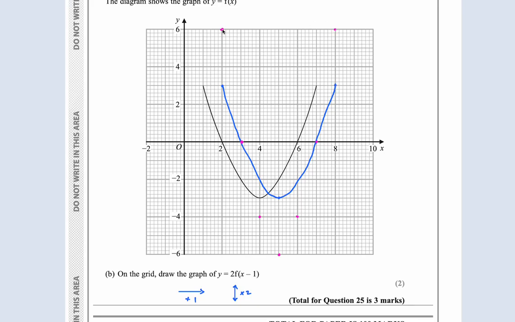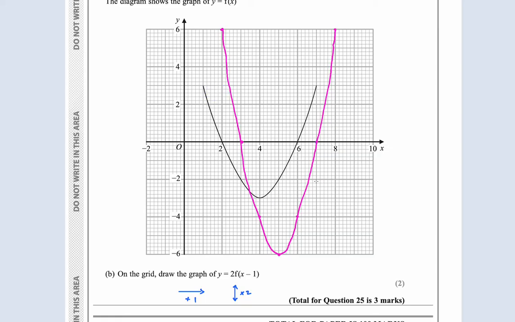So joining these pink dots, again, guys, you try and do it better than me. I struggle with this pen, but I make sure we at least go through these dots. Okay, not too bad. Then erase this one, or at least tell the examiner that it's the pink one that you're doing.